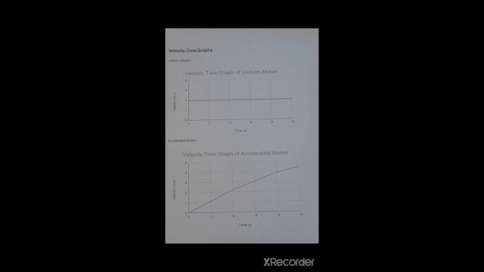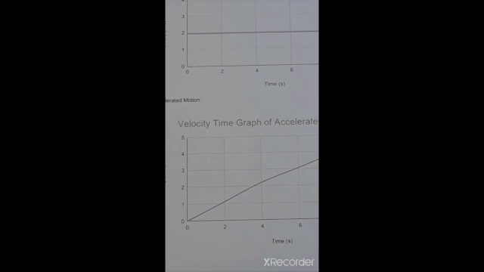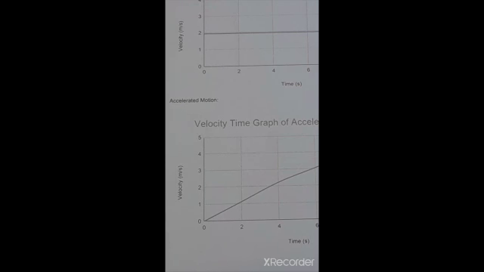So we're increasing speeds for our accelerated motion. So we started at a stop. So our velocity was equal to 0 meters per second north. Now, when we started to move, our velocity started to increase because we were going north.